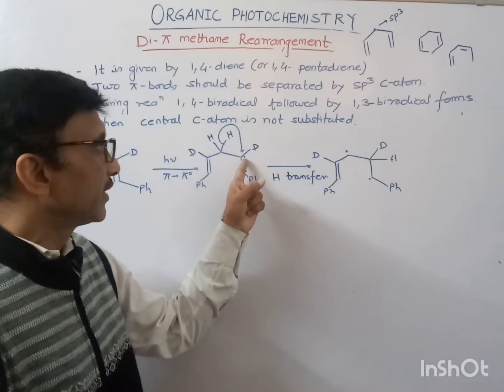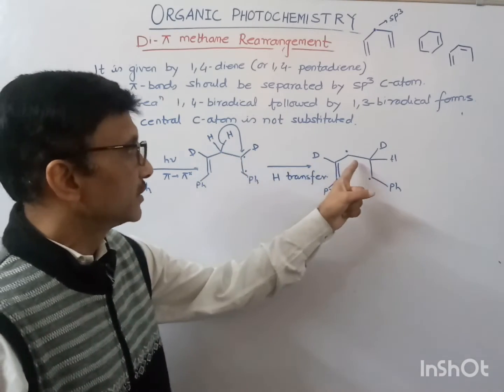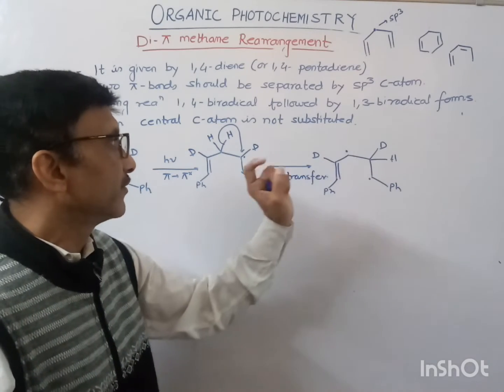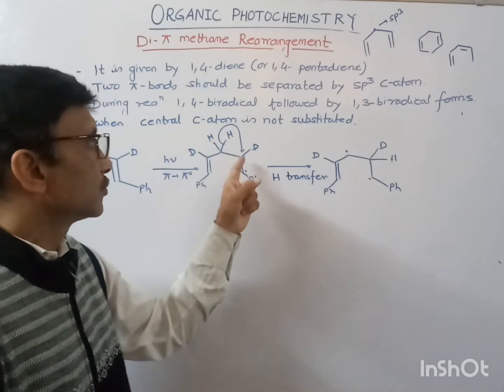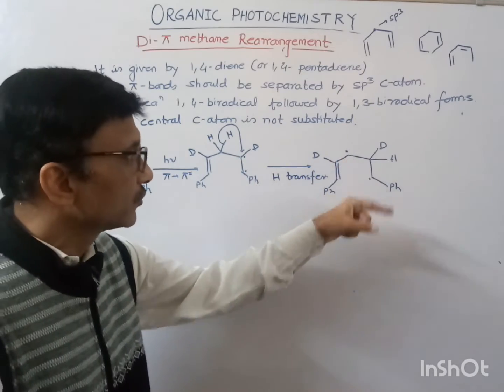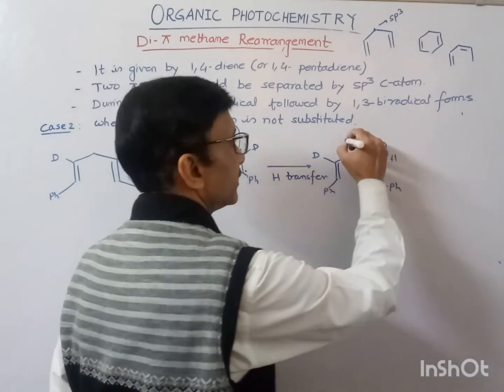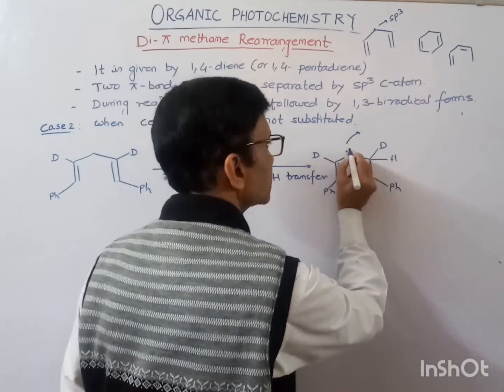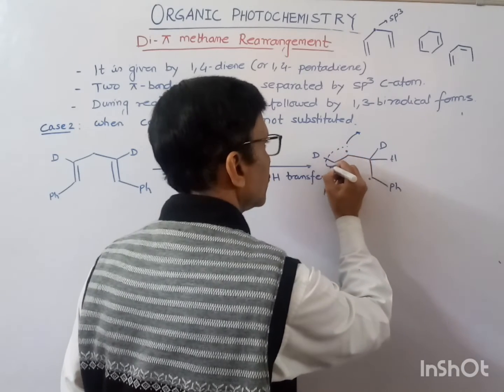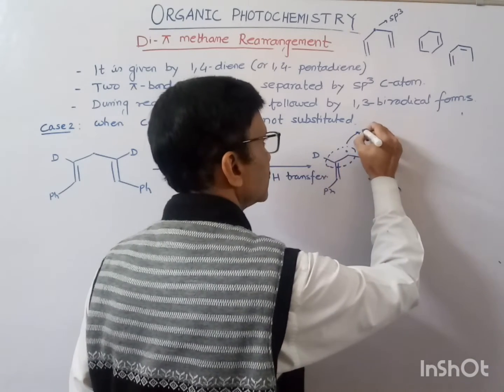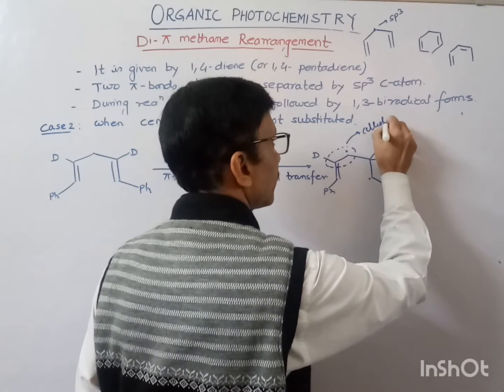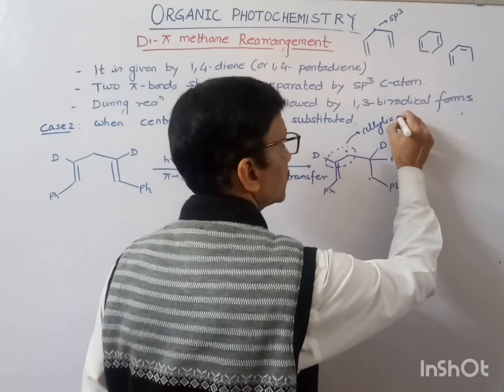This is also a secondary radical, and this one is also a secondary radical. So the driving force is the allylic radical. Here you are getting this allylic radical, which is the driving force for this shift.